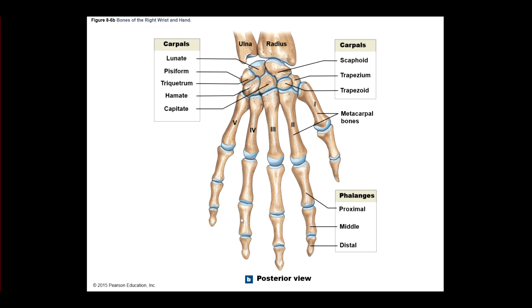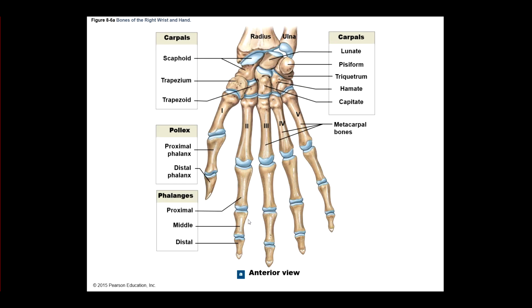So let's just say a patient had a fracture in this bone right over here. The way you would document that is this is the middle phalange of the 4th finger. Or you could just say the 4th middle phalange.